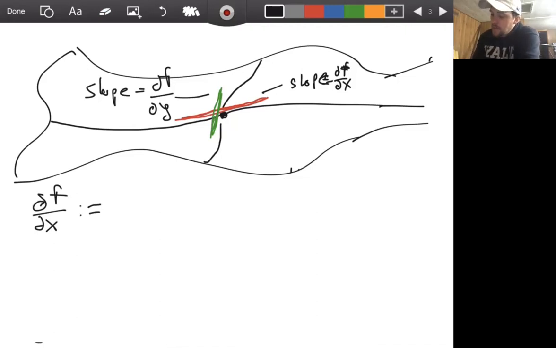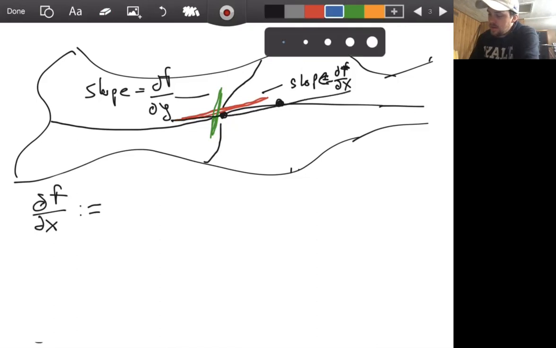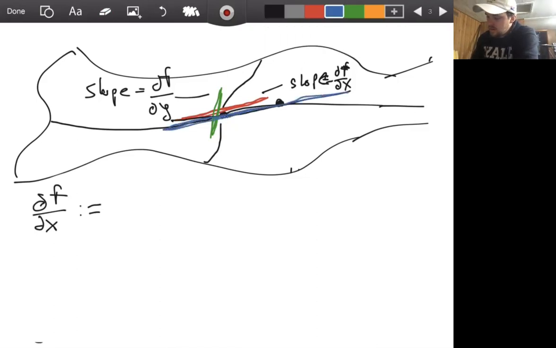Let's first start with finding the average rate of change through a secant line, right? You take 2 points on the curve here, and we can call this the point (x, y), the first point here, and then what's the second point?